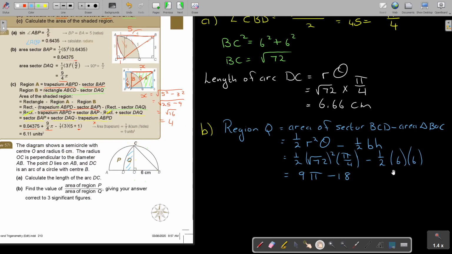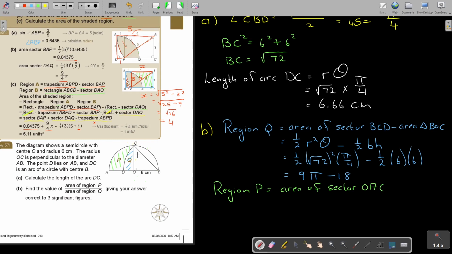And then I'm going to find, if I must find Q, okay, here is Q. Can I just show you what color we will make? Green. Okay, so region P, I did it incorrectly. Region P is equal to the area of sector OAC.